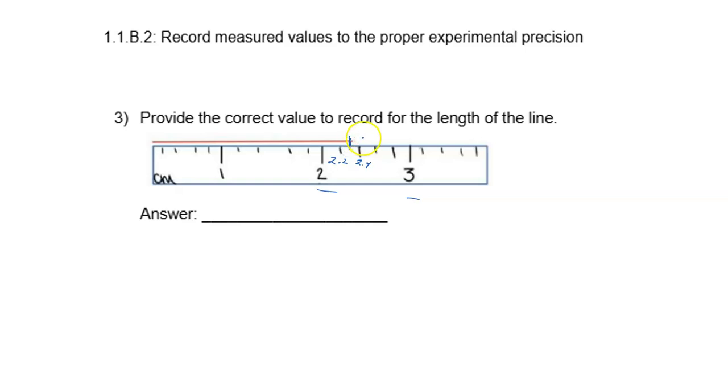We decided that an accurate measurement would be a little bit more than 2.3, but definitely less than 2.4. So a correct answer would be anywhere from 2.31 to 2.39. Although 9 would be a little high, it's definitely less than 2.4 and greater than 2.3. So we gave you that range of possible answers.